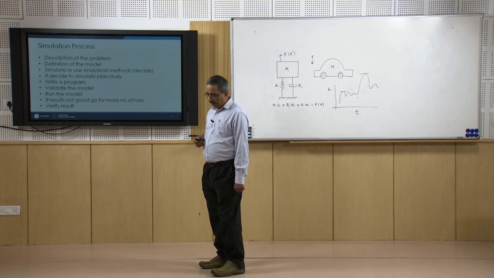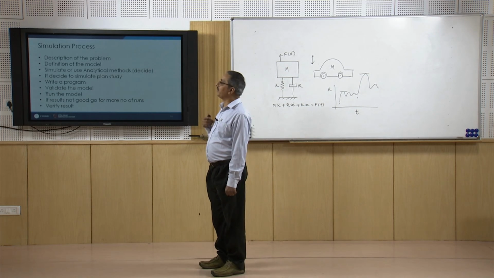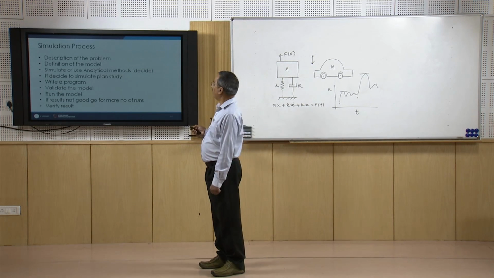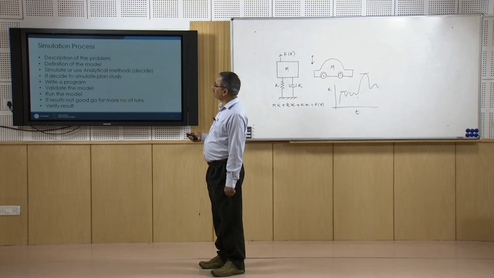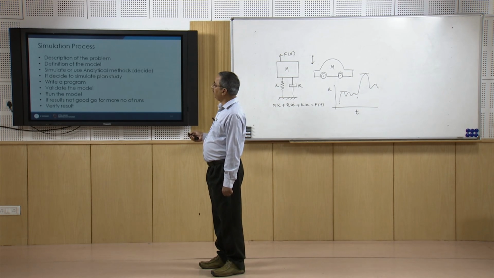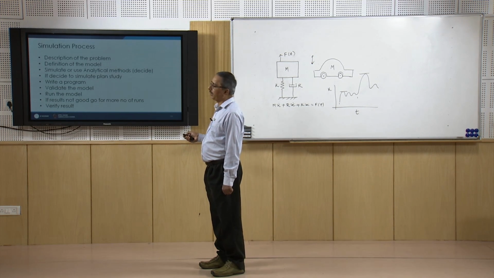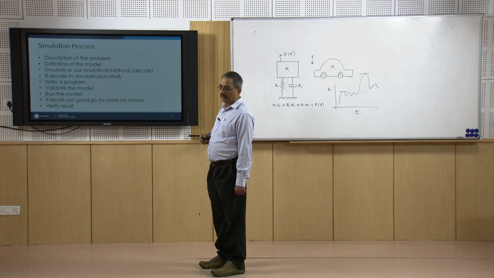Now, if we want to simulate something, what should be our sequence of events? The simulation process basically consists of, first, describing the problem. After you have described the problem, you give the definition of the model.